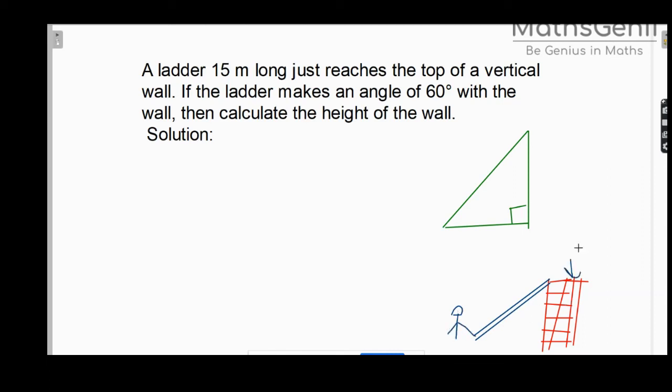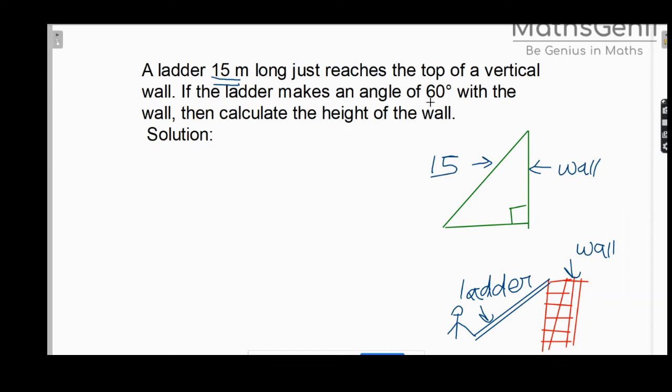This is a wall and this is the ladder. So I have just drawn it in a triangle. This is your wall and this is your ladder. Ladder is how much? 15 meter. So this is 15. Well and good.